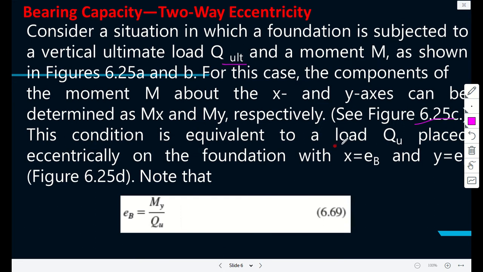This condition is equivalent to load Qu placed eccentrically on the foundation with eB in x and eL in y. Of course, we already said the moment is Q times e. So therefore, you can see the reason for that equation.